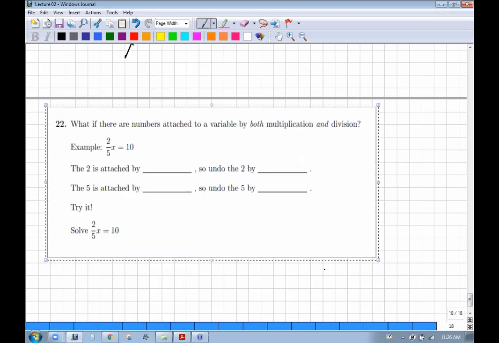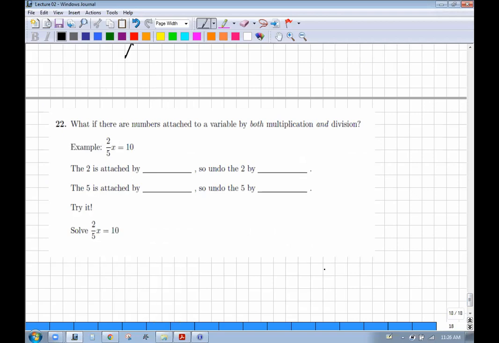What if there are numbers attached to a variable by both multiplication and division? Well, here what I would do is multiply both sides by 5 halves. You see the 2 would go away, the 5 would go away, and we're left with x.